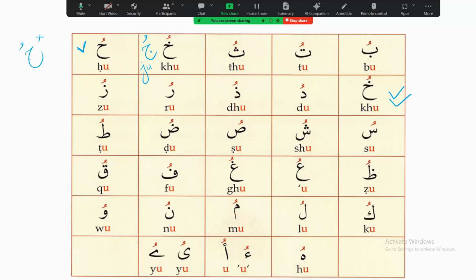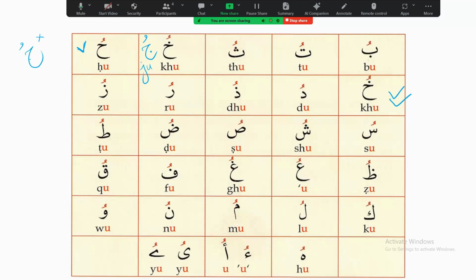So rather than saying ho, you're not supposed to mix the scratch with the ha letter. Ha only has air in it, and we say hu, hu. Okay, the next one is khu, now with the scratch. So the first row was bu tu thu ju hu. The next one is khu.